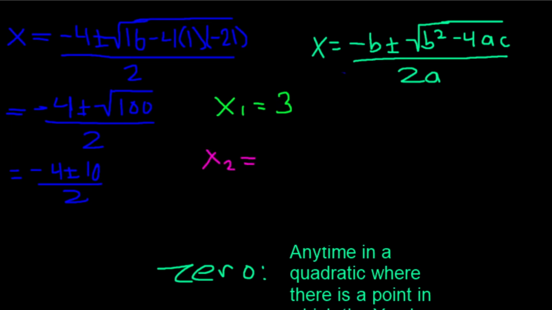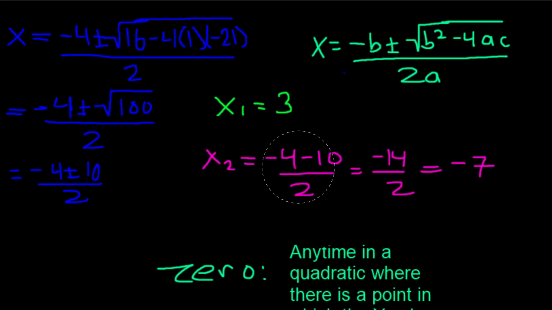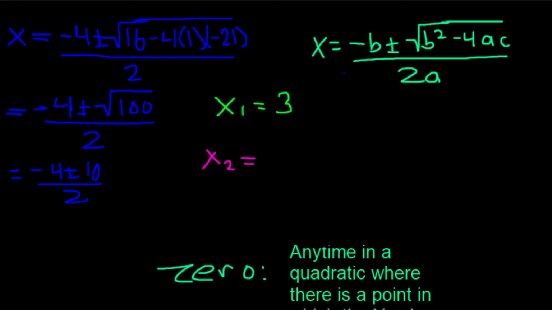x2 is equal to negative 4 minus 10 over 2. Negative 4 minus 10 is negative 14 over 2, which gives you negative 7. So x2 is equal to negative 7. After applying the quadratic formula and finding the x values, there could be 2, 1, or 0.